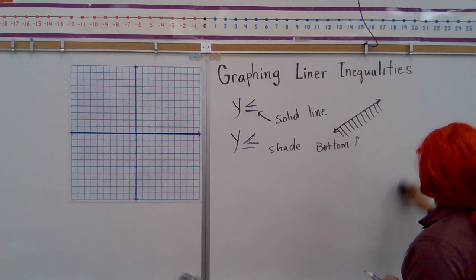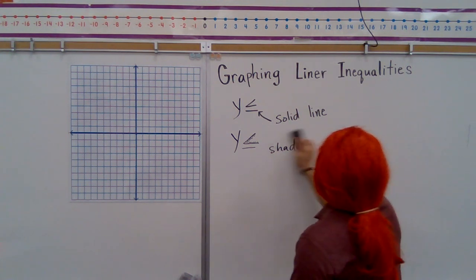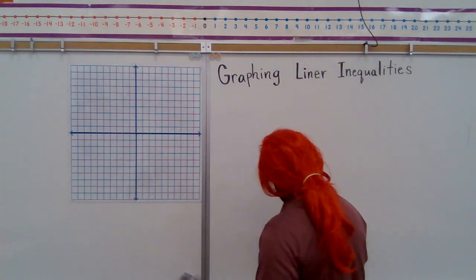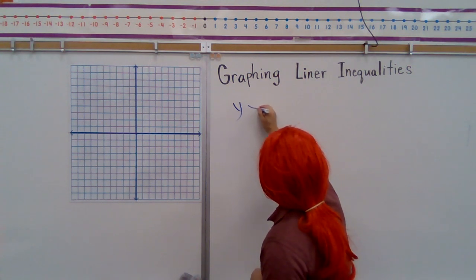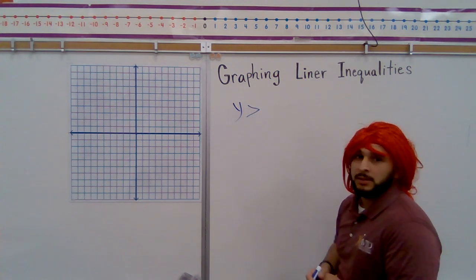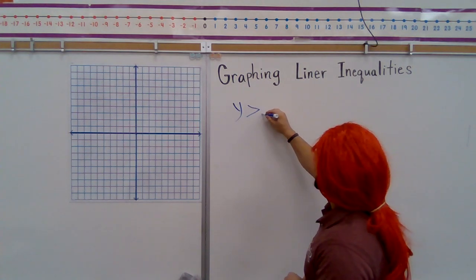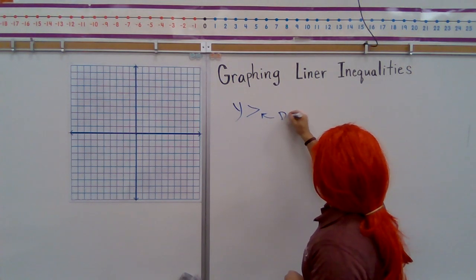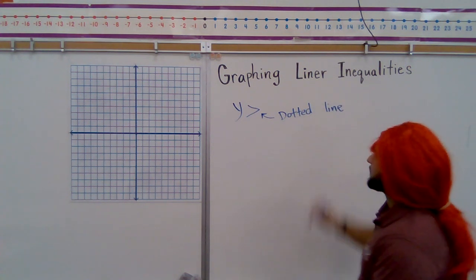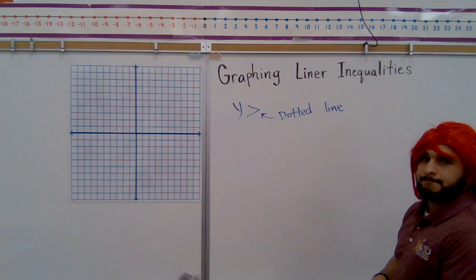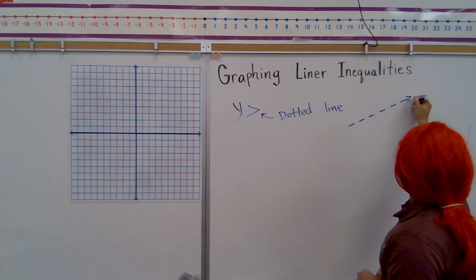Now, the opposite of that would be if our y is greater, you may notice that there is no equal sign under this inequality. So this means this is a dotted line, like so.